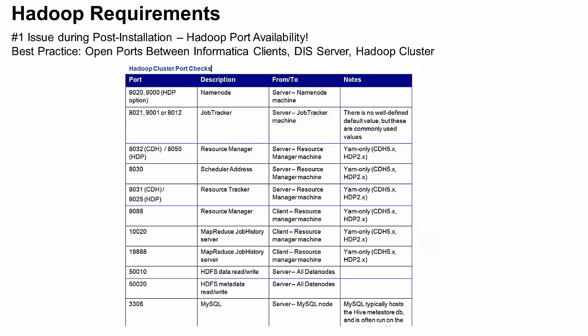Okay, so what we've covered so far, right? Hypothetically, you've installed Informatica BDM on the cluster, where you've either run the installer or used Cloudera Manager to install the package, and you're ready to do the next post-install steps, right?